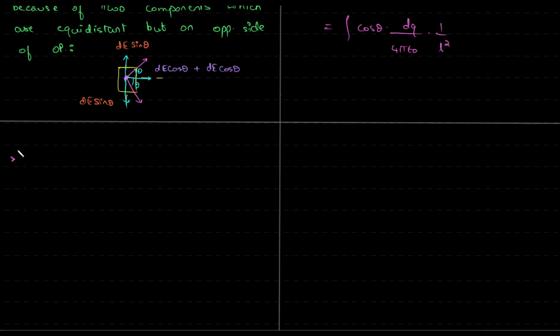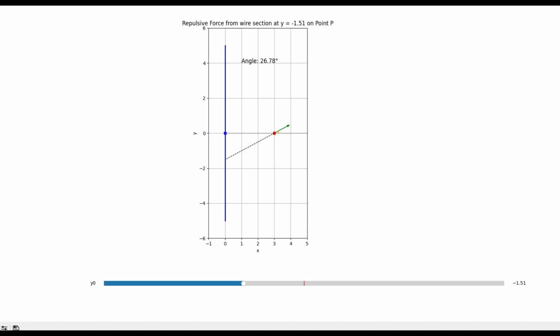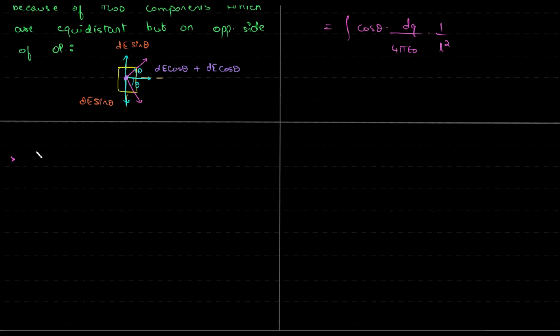Expressing all the terms in terms of one thing that is fixed and one thing that is changing. So it's convenient to express in terms of theta, for me at least. You can do it with any other variable. So I'm going to express all terms in terms of theta and A.